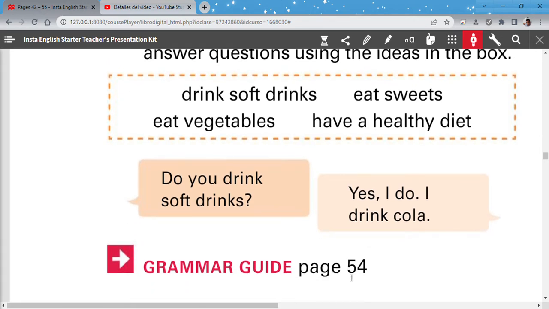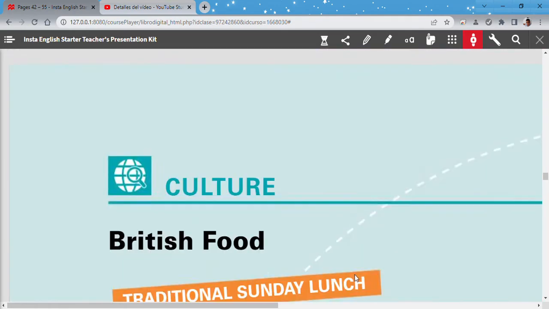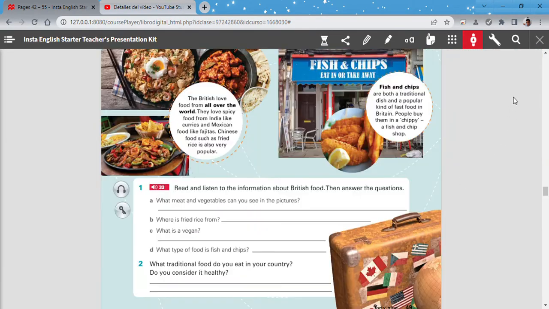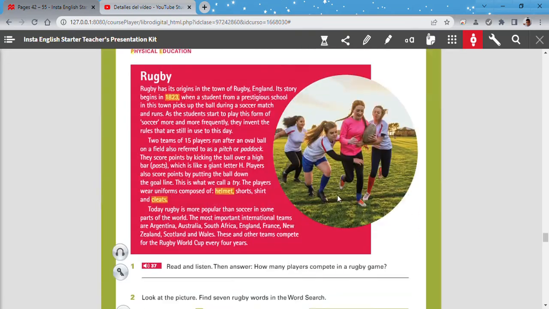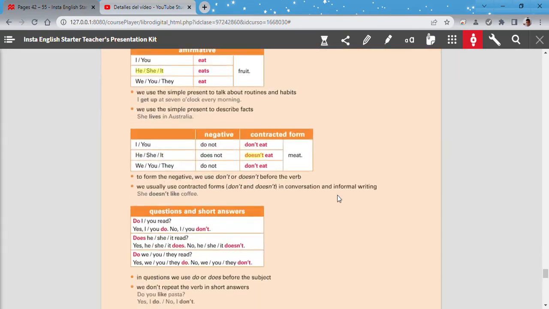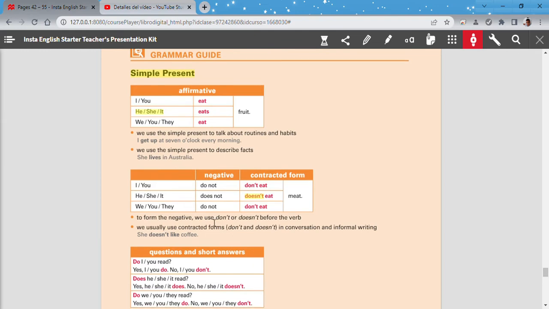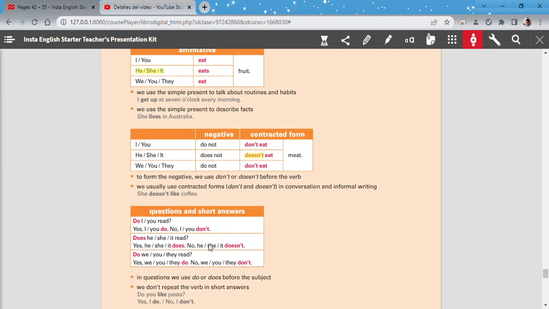Grammar guide on page 54. If you need extra ideas or extra information, it is here. Let me see here. Simple present, no, affirmative, negative, and the questions are here.